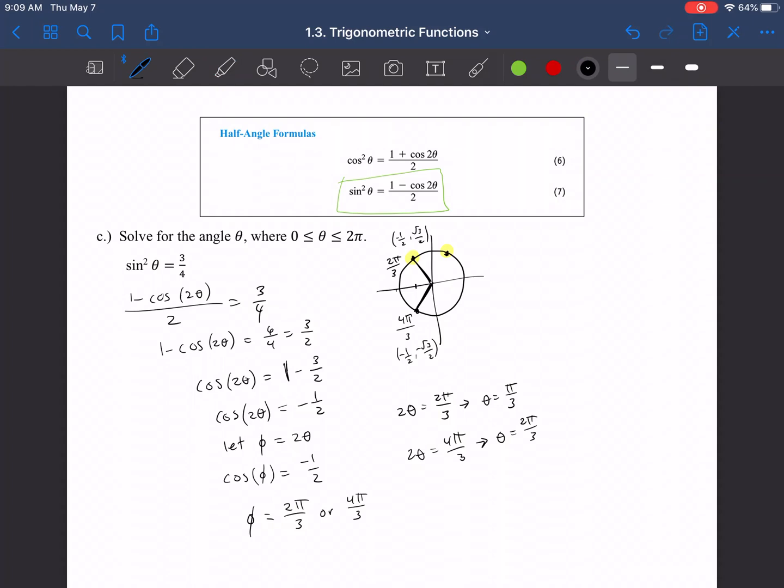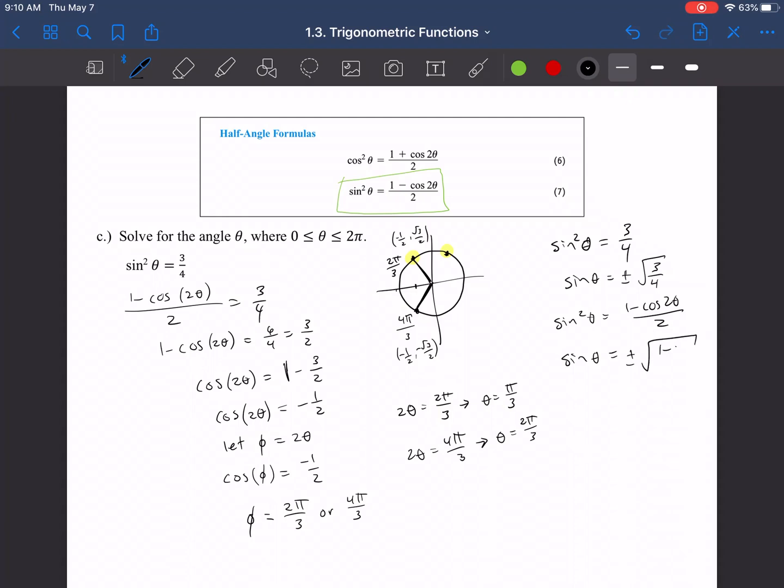Now, you have to be a little bit careful because sine squared of theta equaled 3/4, and that means that sine of theta equals plus or minus the square root of 3/4. And that also means then that sine squared theta equaling 1 minus cosine 2 theta over 2 means that sine of theta equals plus or minus the square root of 1 minus cosine 2 theta over 2.